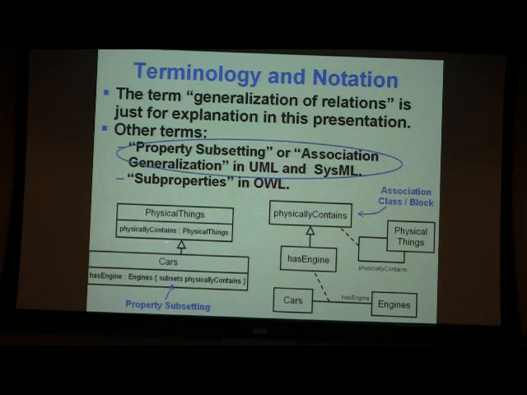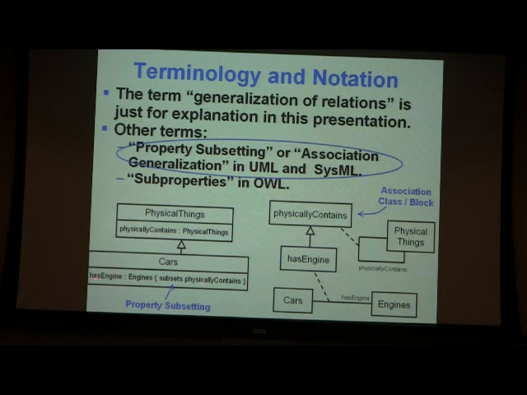That doesn't mean that things contain themselves, by the way. This is the problem with calling that a physical thing: a lot of people are confused because it looks like I'm saying a physical thing contains itself. This is just a category. Now down in cars, I say that specifically this has-engine property is, quote, subsetted from the physically contained property.